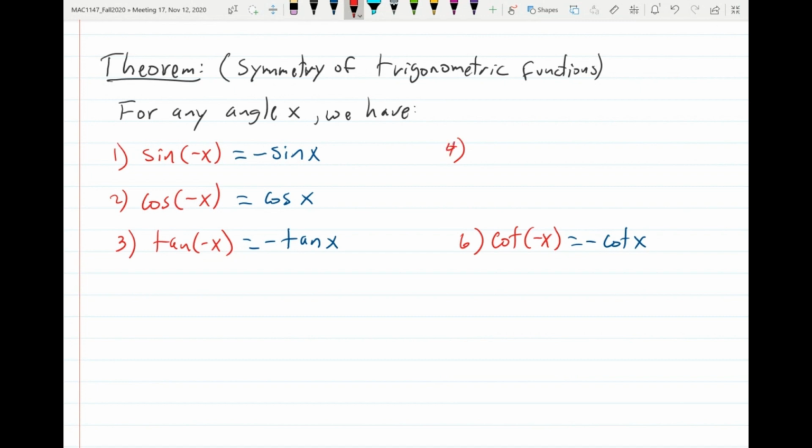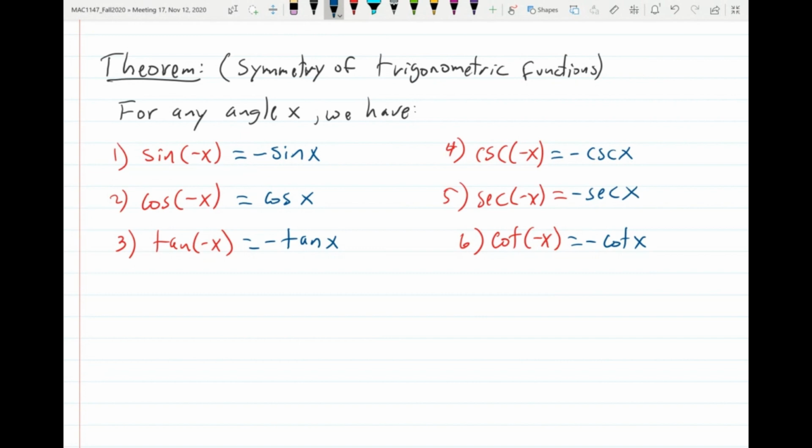Then the same thing is cosecant, right? Cosecant of negative x is going to be minus cosecant of x. The cosecant is odd as well. And finally, number 5, secant of negative x is minus secant of x.